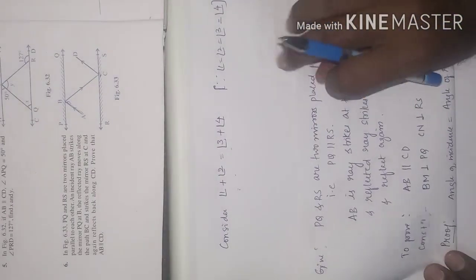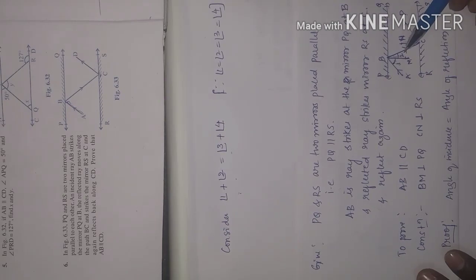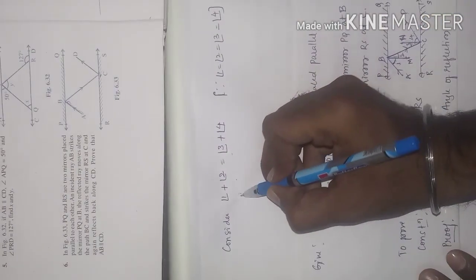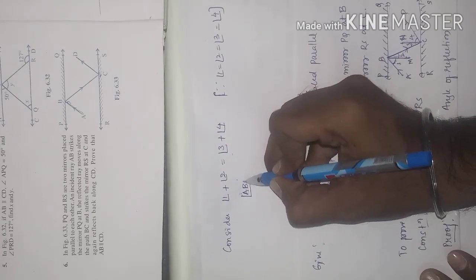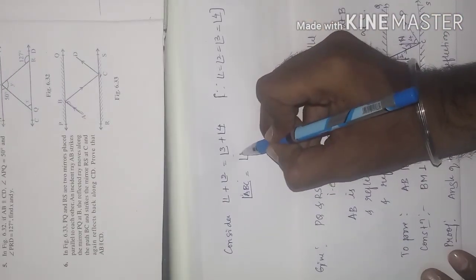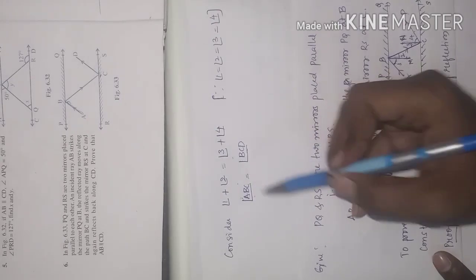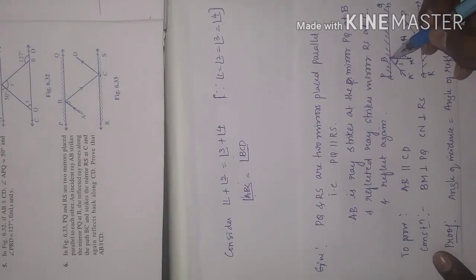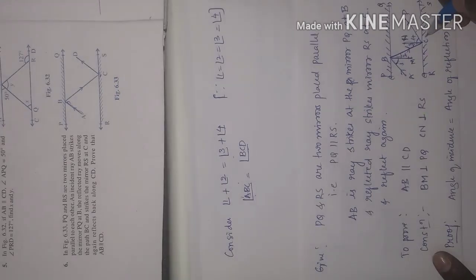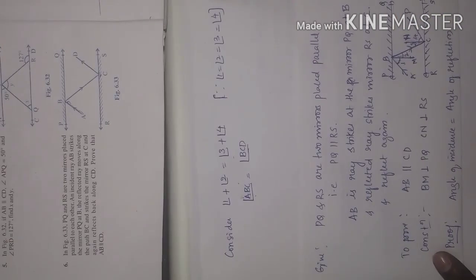Now boys and girls, you can see here angle 1 plus angle 2, what is it forming? Angle ABC. So we can write it as angle ABC. Angle 3 plus angle 4 is forming angle BCD. Now angle ABC is equal to angle BCD. Can you see this? AB is a line segment and CD is also a line segment, and BC is acting like a transversal line.